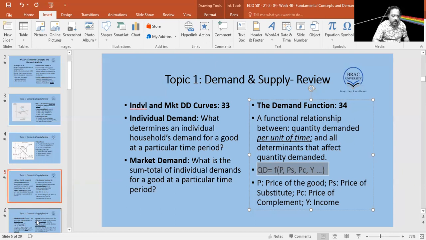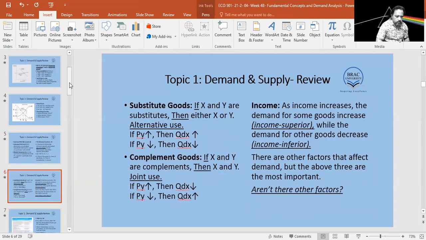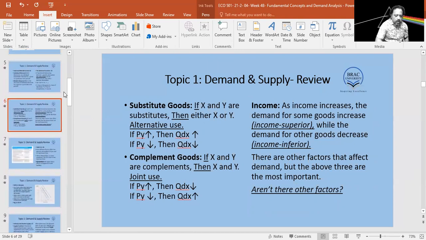Let's see how we define substitutes. A substitute good, if X is the main good and Y is the substitute, then the relationship between them is X or Y. If we consume X, we don't consume Y, and vice versa. If we consume Y, we don't consume X. X can be Pepsi, Y can be Coca-Cola. So if we consume Pepsi, we don't consume Coca-Cola, and the reverse.